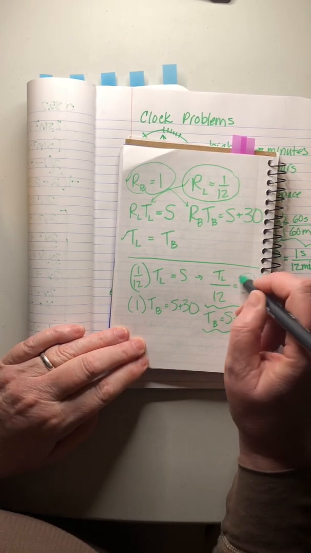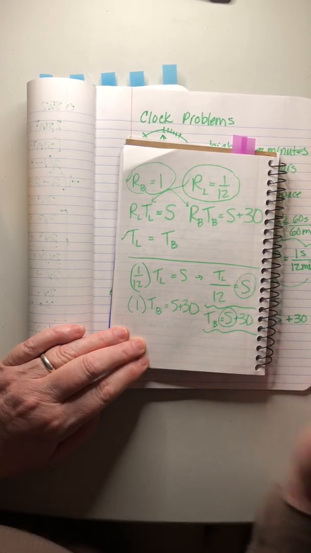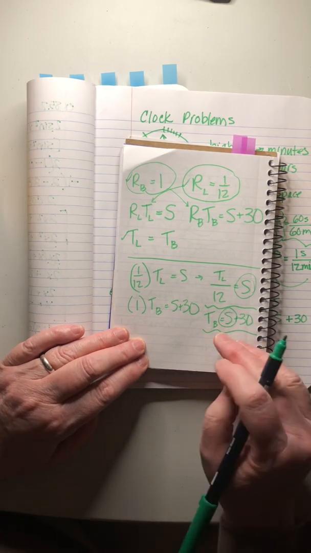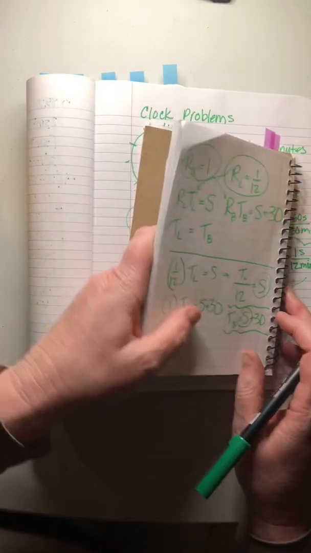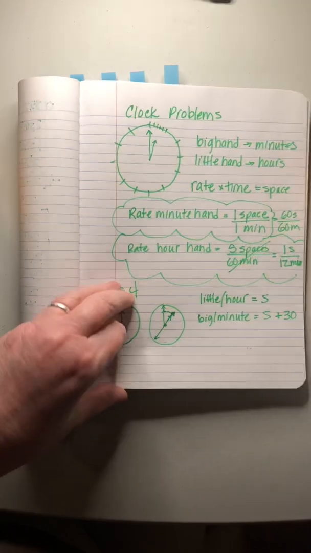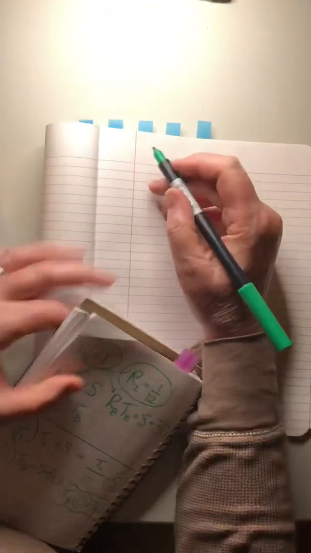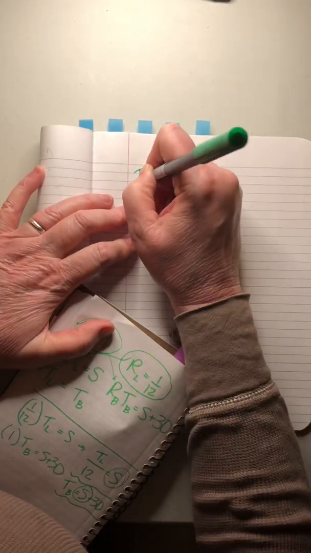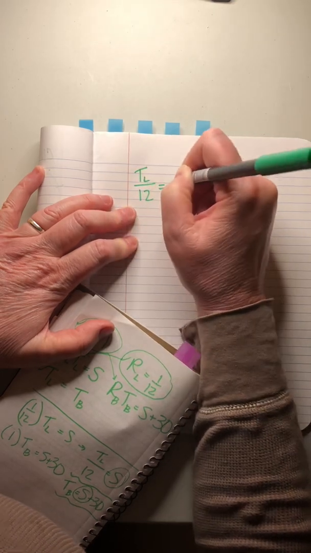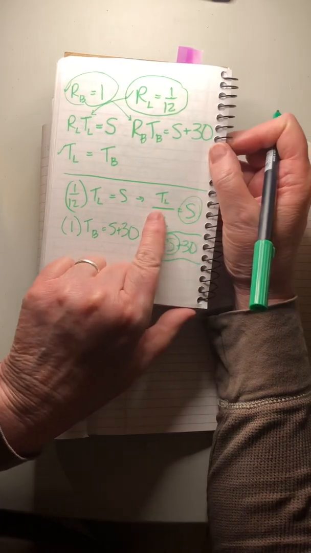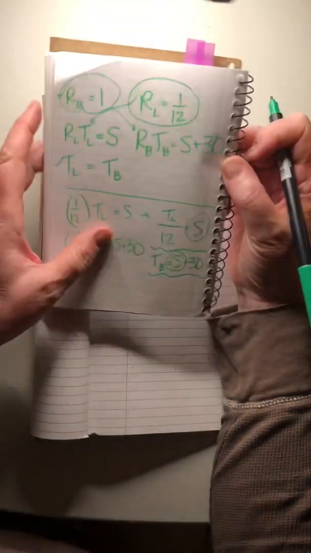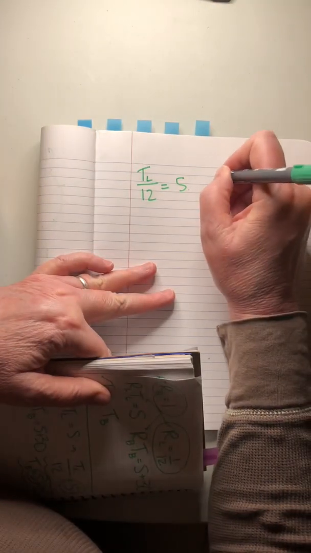Now, because these both have an S in them, we can rearrange. Well, just watch. I'm ready to switch my page now. Okay, so we've got TL over 12 equals S, right? That's what I have right here. And now I'm going to copy this one down. I'm going to put it over here.